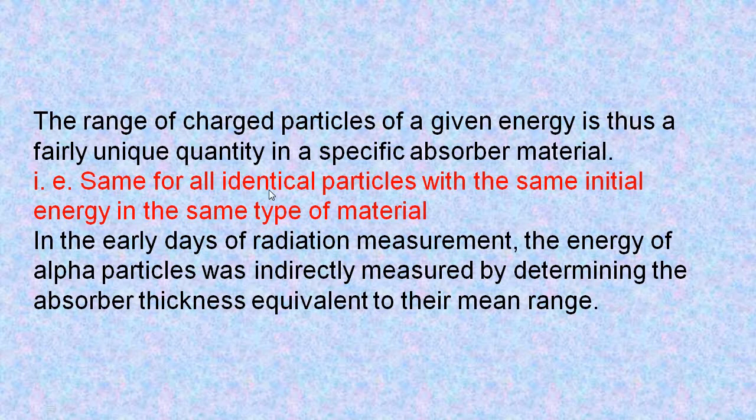Suppose you are using an alpha particle with 5 mega electron volt energy, and the absorber is carbon. The range of the alpha particle in carbon will be a particular value, say 5 centimeter.